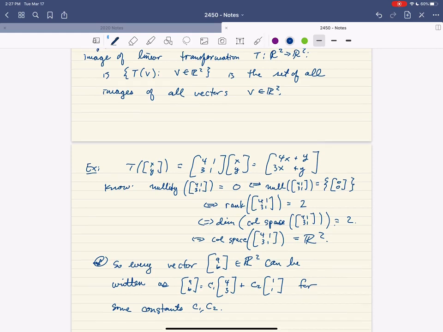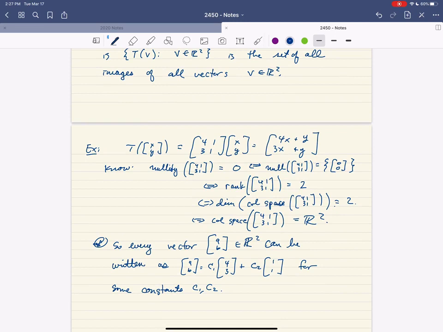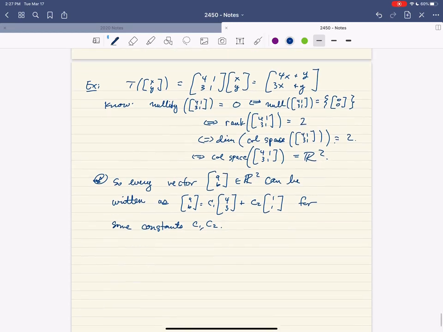Which of those cases are we going to land in when we're talking about the image? Since every vector in R2 can be written as a linear combination of 4, 3 and 1, 1, that's equivalent to saying the following.